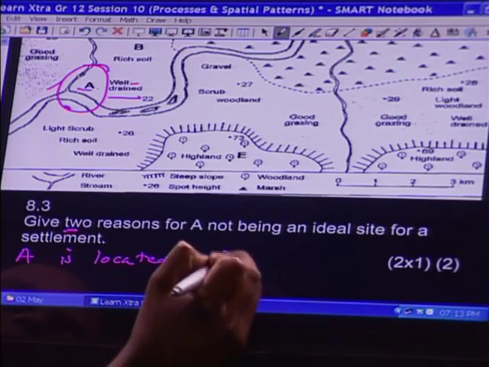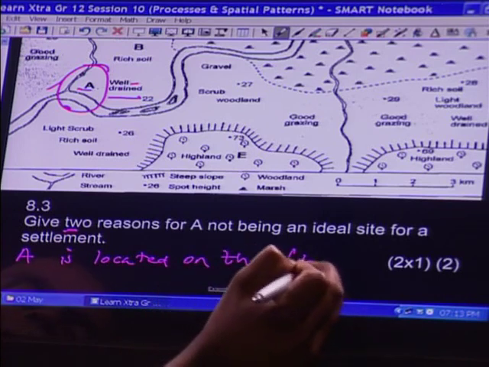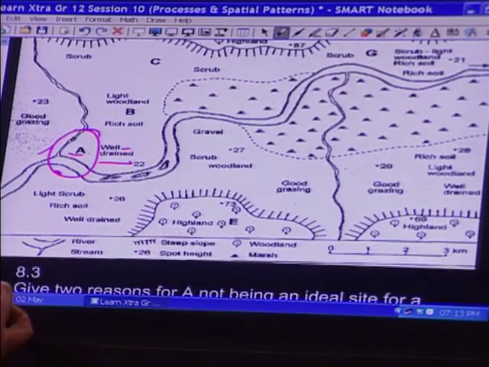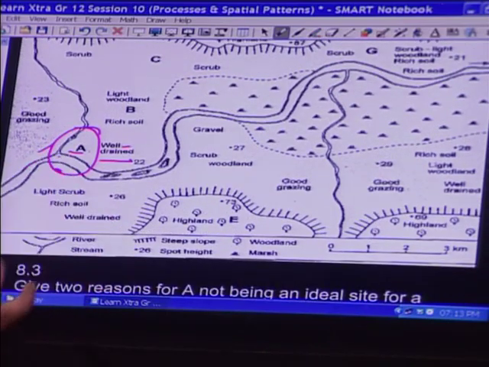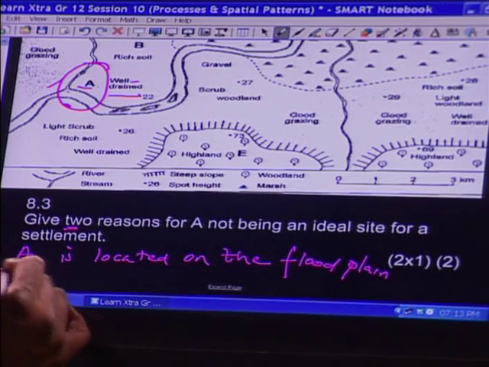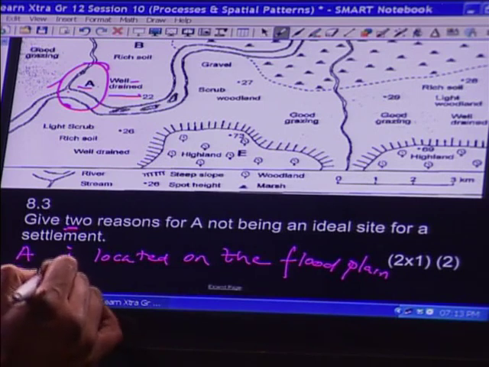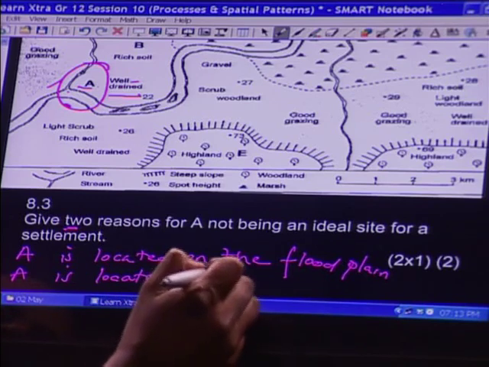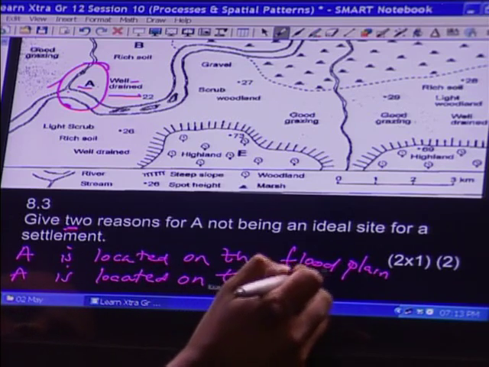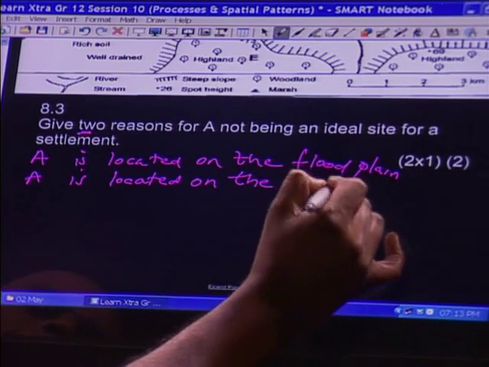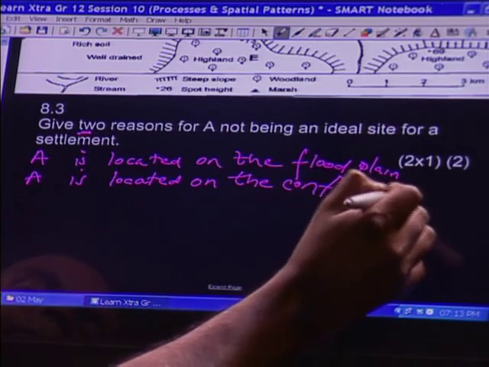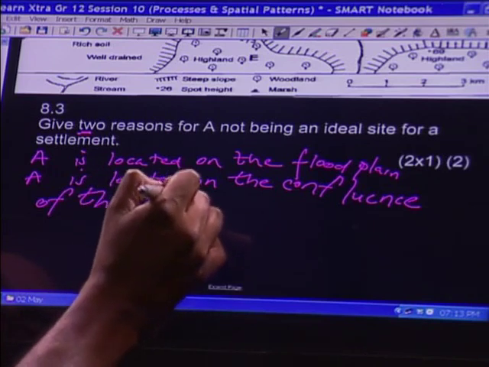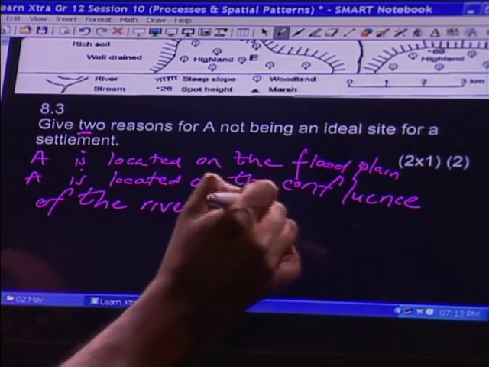If we're looking for 2 reasons, A is located on the flood plain. If we look further to that, it is also located at the confluence. A is located on the confluence of the river system.